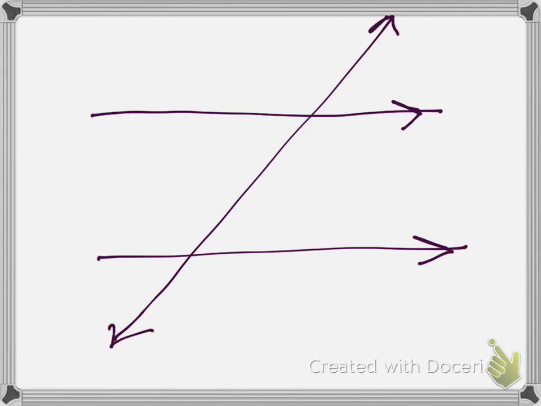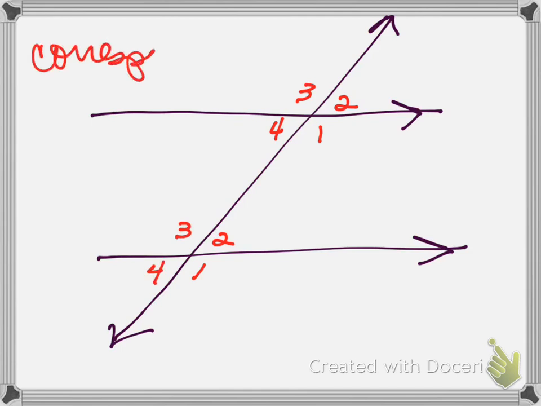I want to talk about corresponding. If I label these 1, 2, 3, 4, then I'm going to tell you that they correspond to 1, 2, 3, 4. So match up the numbers to get your corresponding angles.